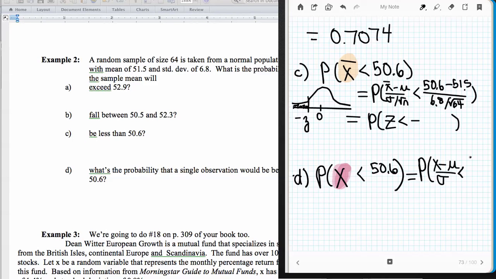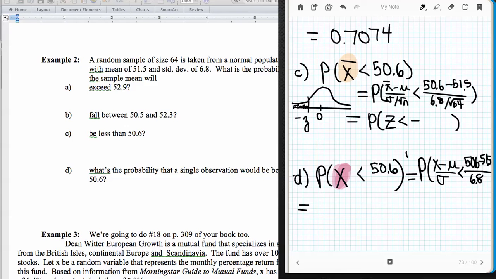My 50.6 minus 51.5 is not going to change. What's going to change is the only thing I'm going to divide by is 6.8. So here my value is going to be 8 times larger than this one, which means it's going to be way out here in the tail, right? This one is going to be much closer. So the probability of a single random variable being out in the tail is much greater than the probability of a random sample having an average that's that far out in the tail.